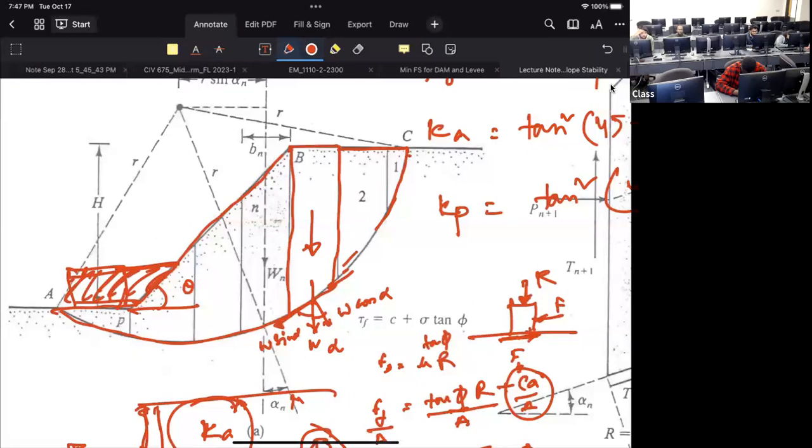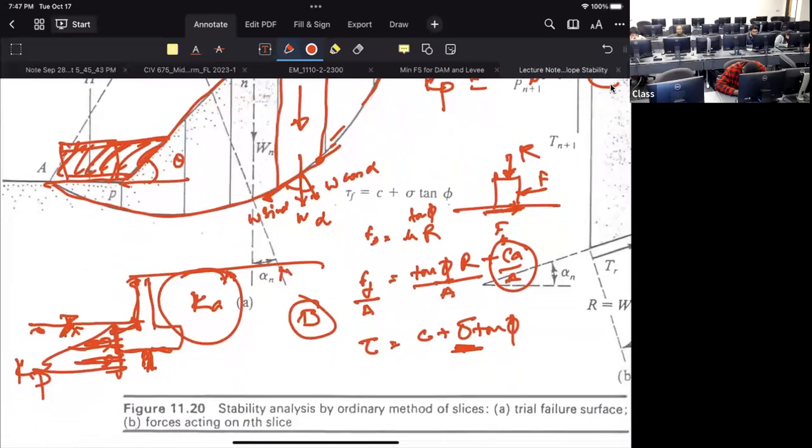Now, the other question is, how about the soil weight? That means there is a water level involved. If the water level is involved, the weight is changed. Adding the water, W goes up, right? But there is another component. This sigma is the sigma prime, the effective stress.